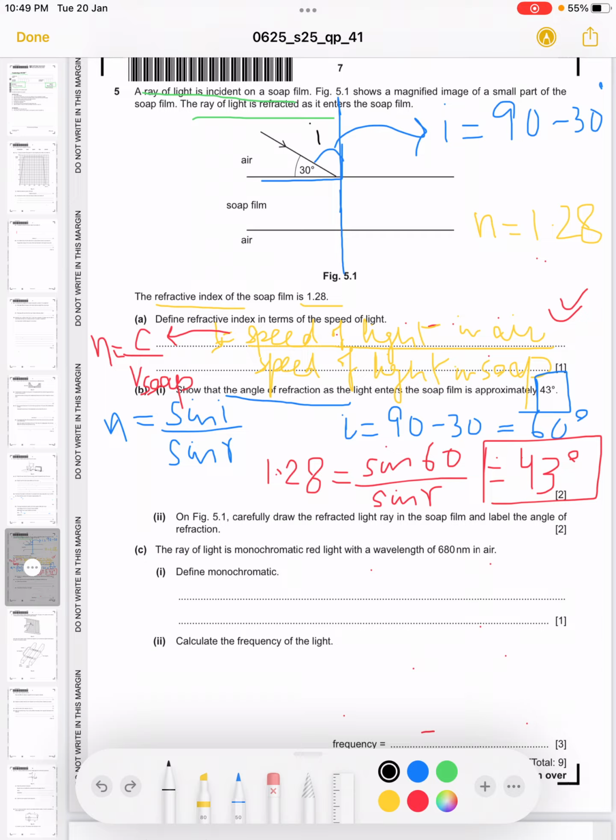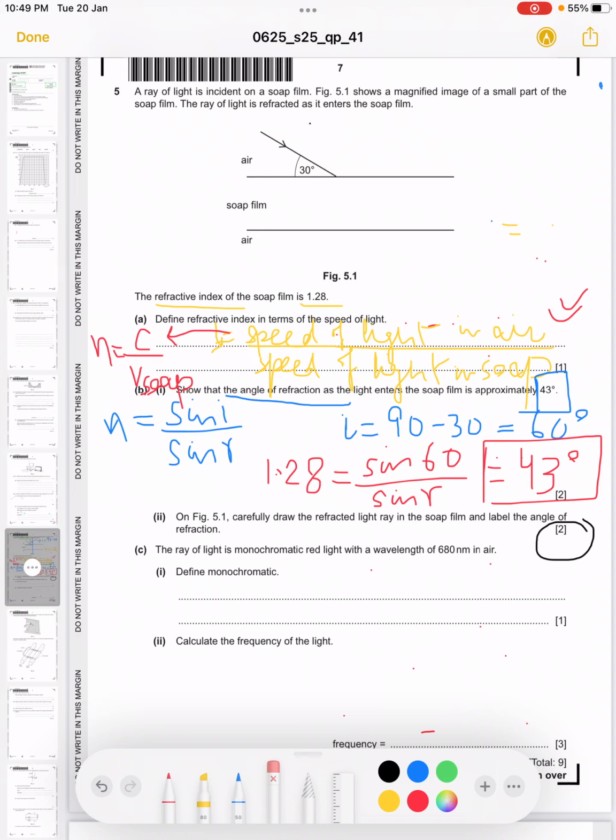Okay, so this one again contains 2 marks, right? So let's start with a different color. It again contains 2 marks, so we need to show 2 solid answers.